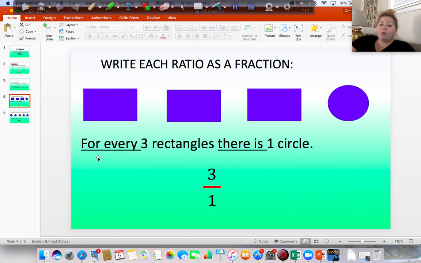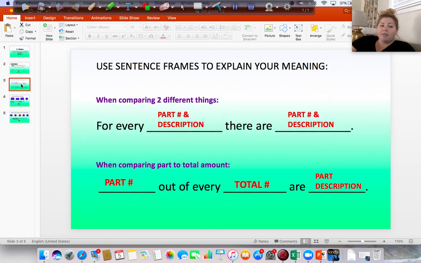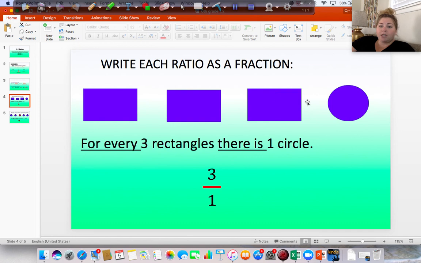How we are going to write that is for every 3 rectangles, there is 1 circle. We have that "for every" and "there is" because we are comparing two different things. This is the sentence frame that we use when we are comparing two different things. For every blank, there are blank. So for every 3 rectangles, there is 1 circle.